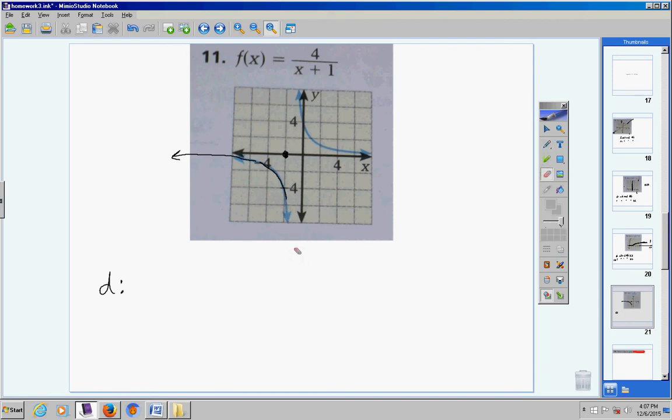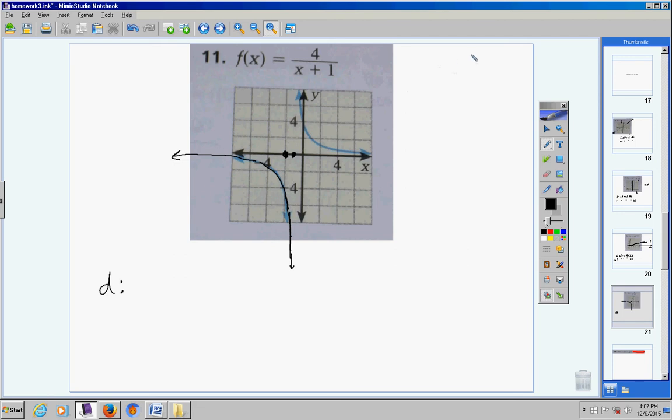Okay, now, as you can see, it's going down, and just so you know, it's going to gradually get closer and closer to negative 1, but never cross it. Now, I don't expect you to know that. We learn this later. I'm not sure why they're giving this to you now.